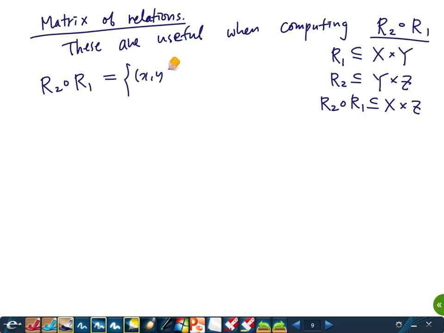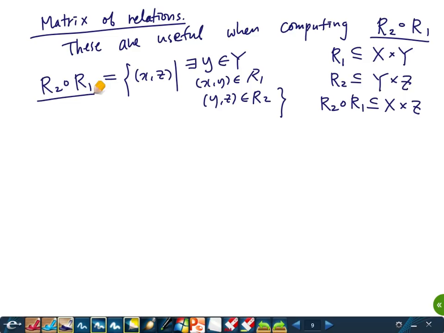The pairs X comma Z where there is Y in Y satisfying X comma Y in R1, the first relation, and Y comma Z in R2. This is the definition of the composition of two relations, like composition of functions.